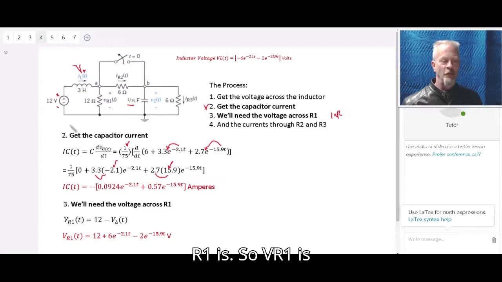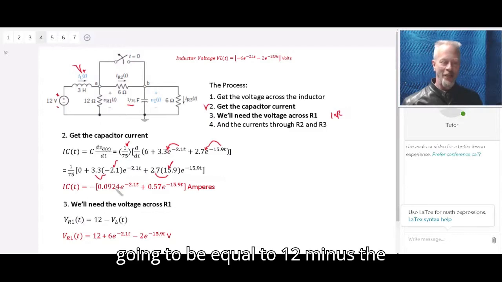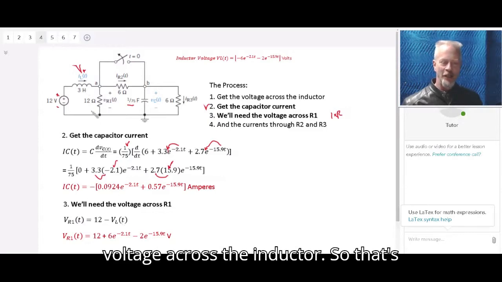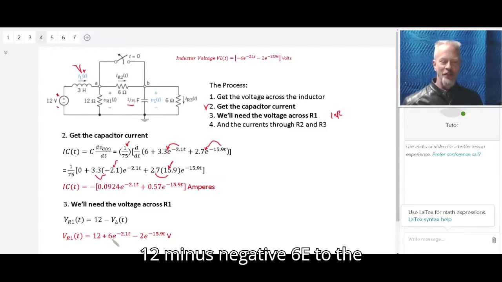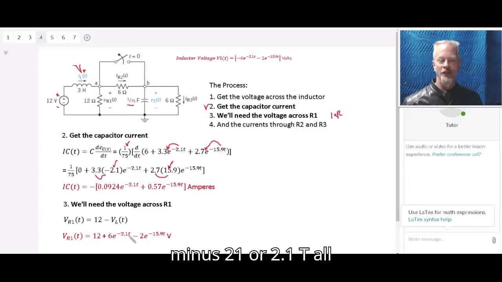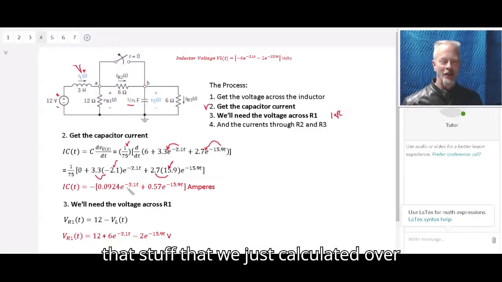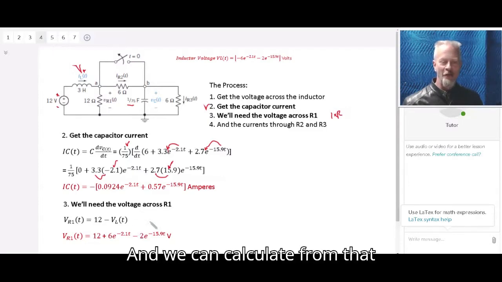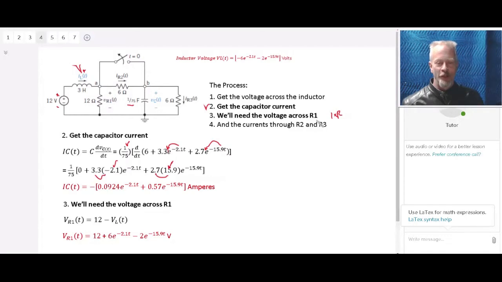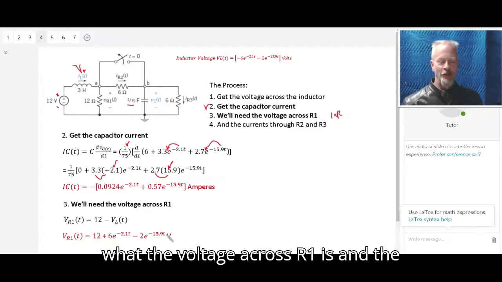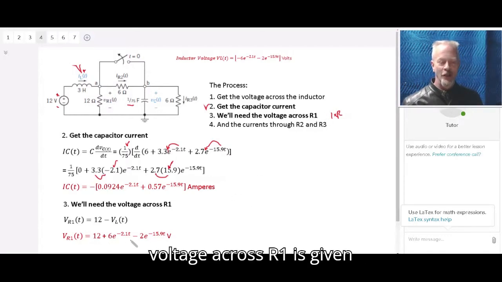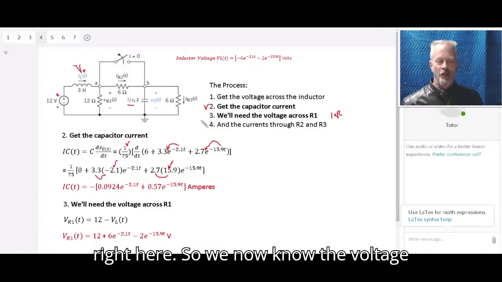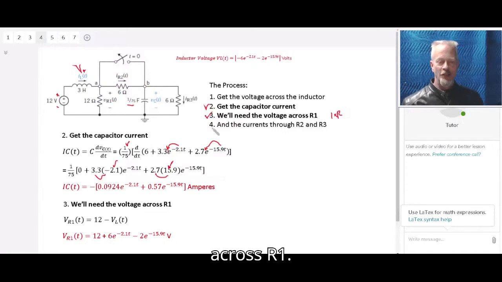So V_R1 is going to be equal to 12 minus the voltage across the inductor. So that's 12 minus negative 6 e to the minus 2.1t, all that stuff that we just calculated over here. And we can calculate from that what the voltage across R1 is, and it is given right here. So we now know the voltage across R1.